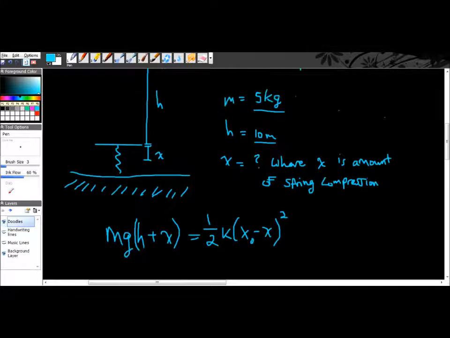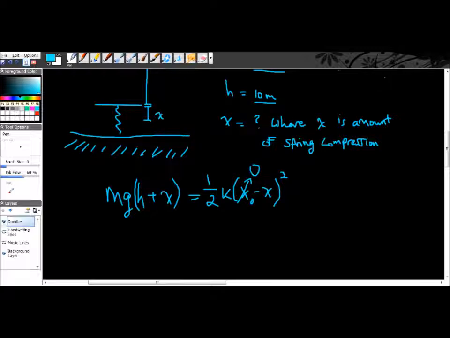Since the spring is not initially stretched or compressed, x naught is equal to 0. So we're left with, and this x and this x are the same, mgh plus mgx equals 1/2 kx squared.